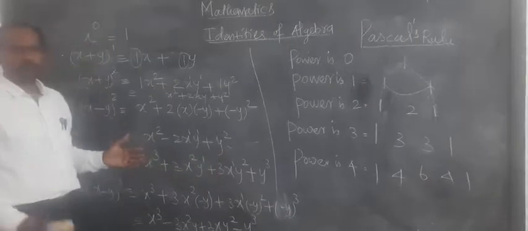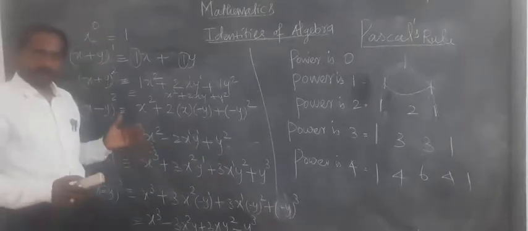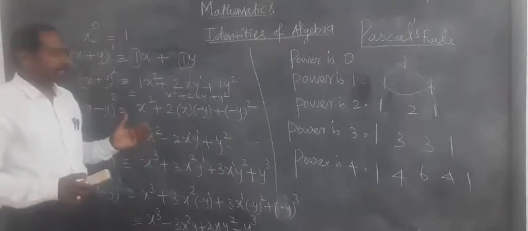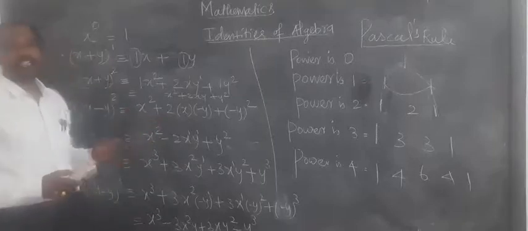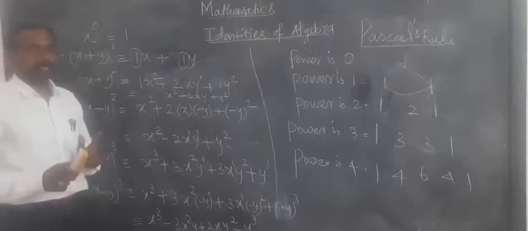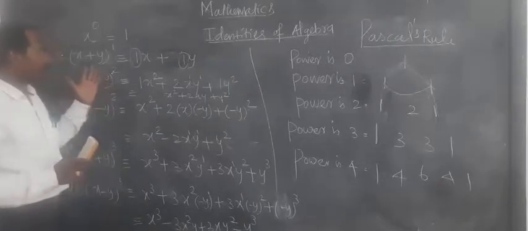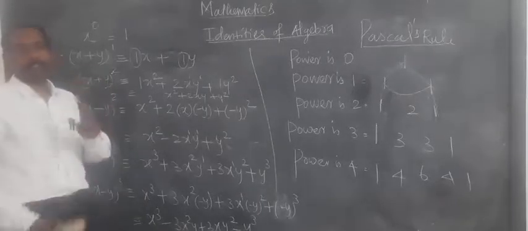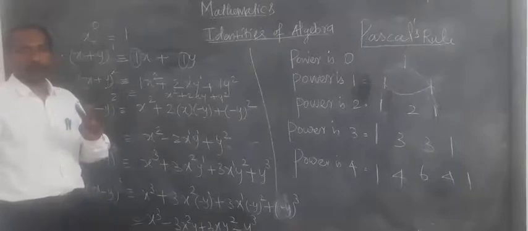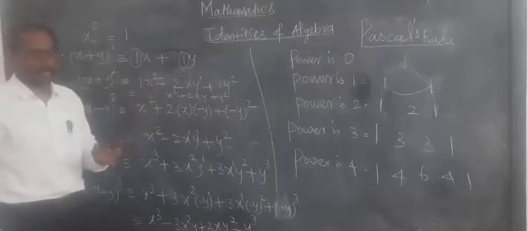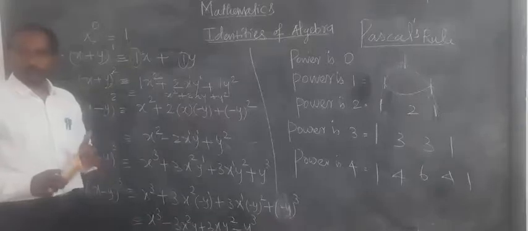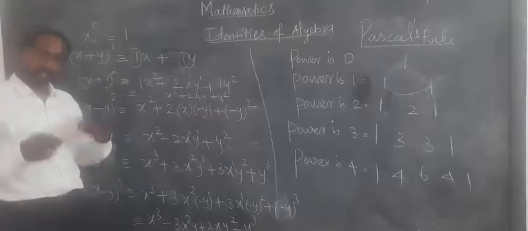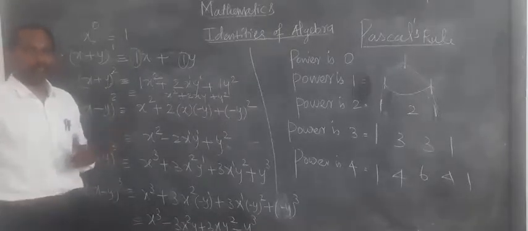So there is no need to memorize. It is very easy to get the identities, but you have to write them as identities, not as equations. An equation is satisfied only according to its power. The power is 2, so only 2 roots satisfy this polynomial equation. If you substitute any other value instead of the 2 roots, it does not satisfy the equation. But for an identity, whatever value you substitute, you get the same value on the right and left sides.